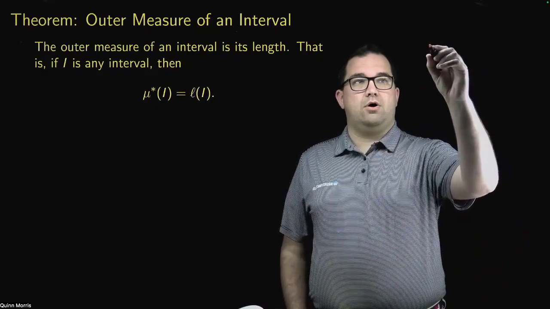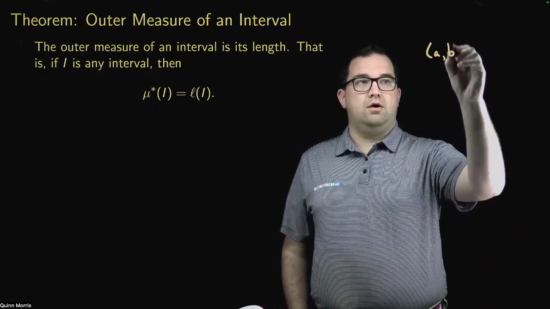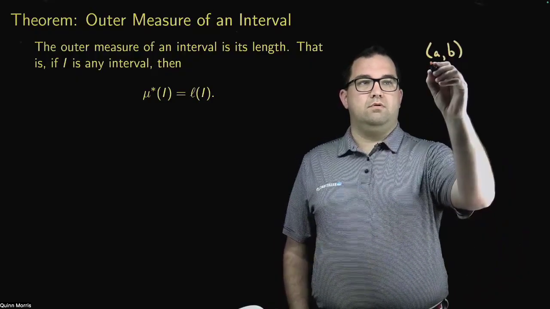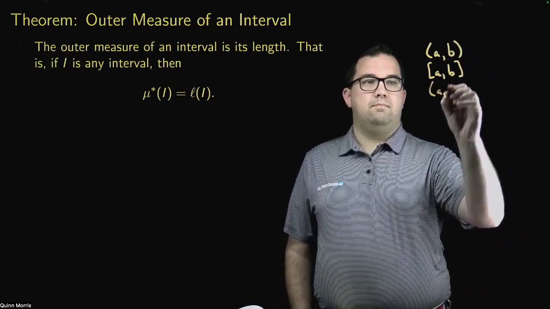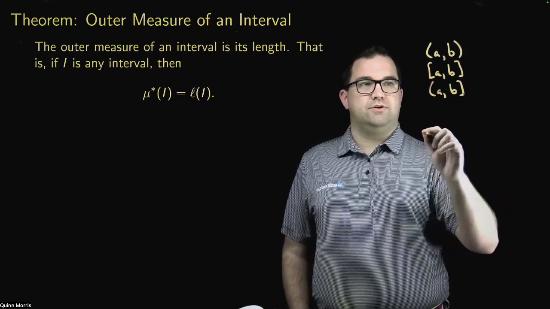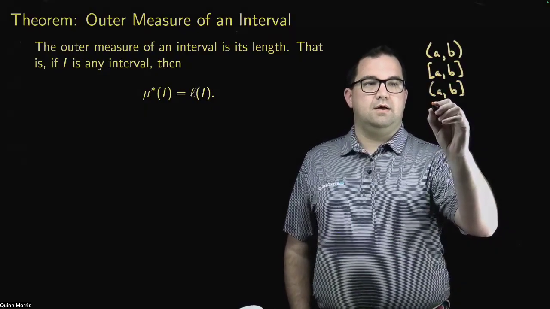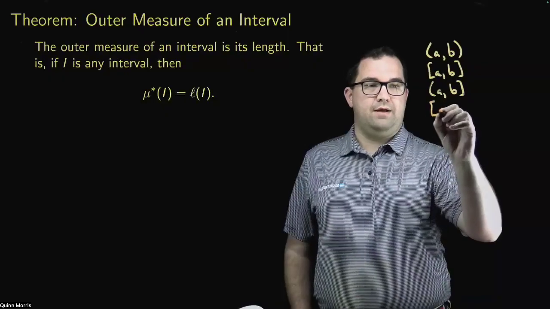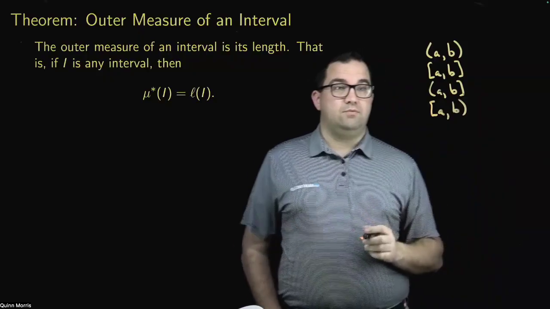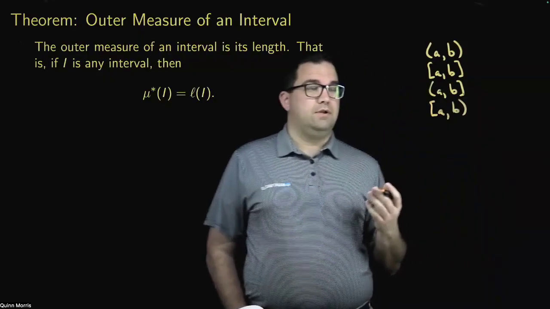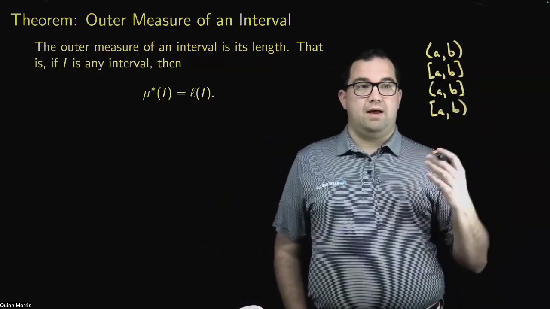So we could be talking about, for example, a bounded open interval, a bounded closed interval, a bounded half open, half closed interval, or the other way around, half closed, half open. But then we could also be talking about any unbounded interval.